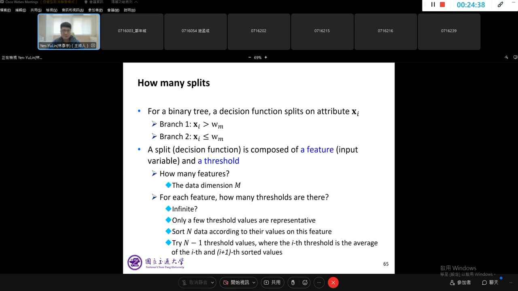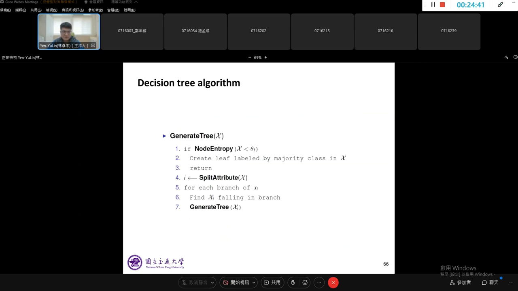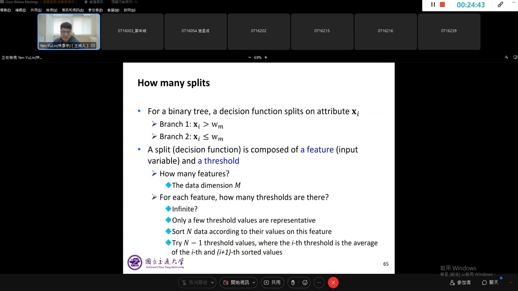Okay, so let's specify how many split candidates there are. And according to information gain, we can always choose the candidate with the maximum information gain.